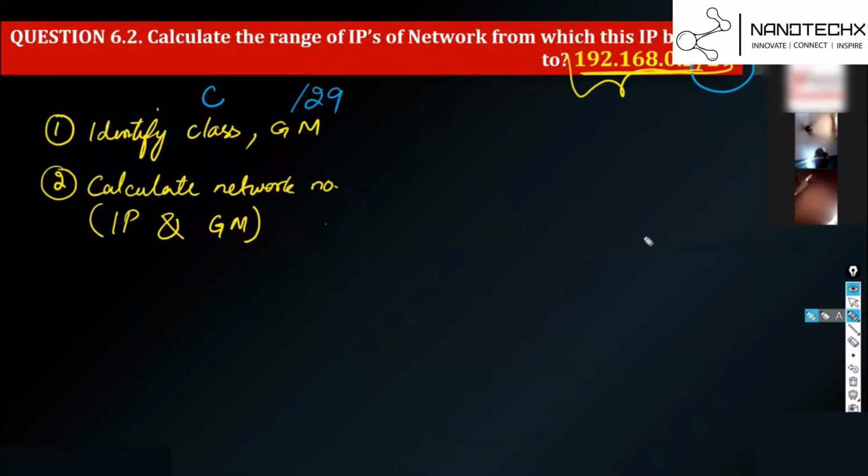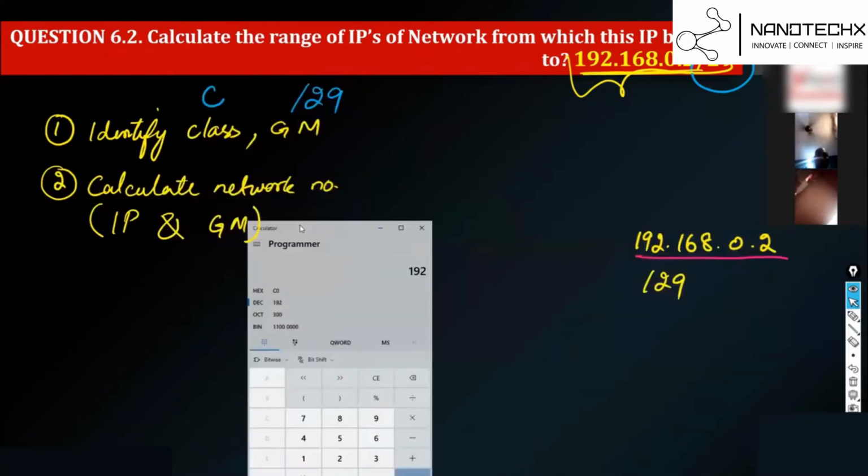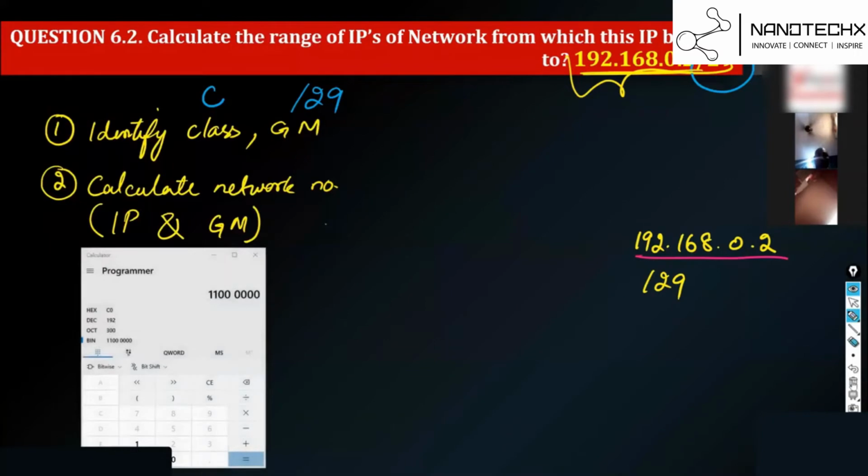So IP address is 192.168.0.2, and the given mask is how much? 29. So this is /29. So how do we write the IP address in binary? 192, we need to convert. Guys, I saw some questions. People were asking how did we get 192, how do we convert? So you use the calculator or you use the method which I have just shown you, how to convert the decimal number to binary. So 192 in decimal is equal to 11000000 in binary. So this is how we convert.